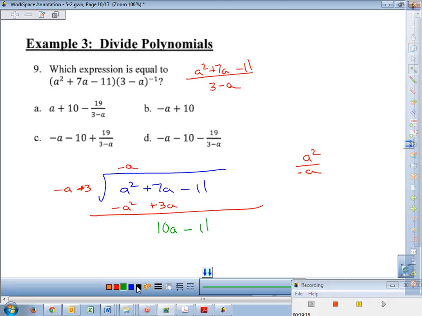Then take 10a divided by a negative a. Would it be positive or negative when you take 10a divided by a negative a? Negative 10, right? And then multiply and take the opposite. That's negative 30.